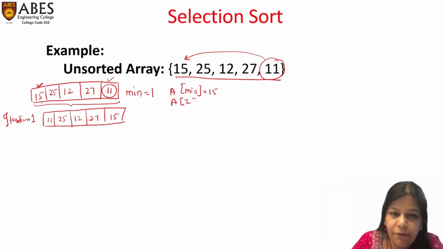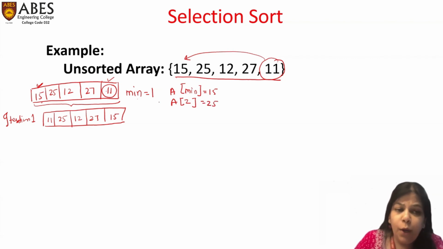The first element that we will consider is A2, and this is 25. Now, because A2 is greater than A minimum, nothing will be changed. Simply, we will move on to the next element, that is A3.